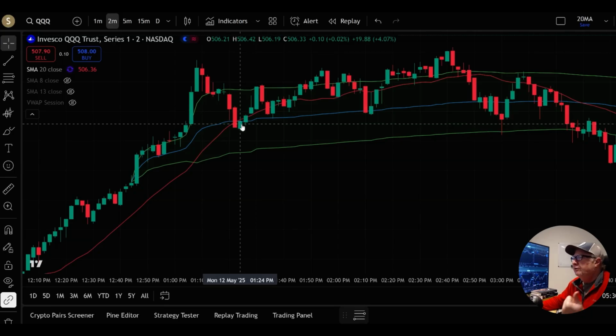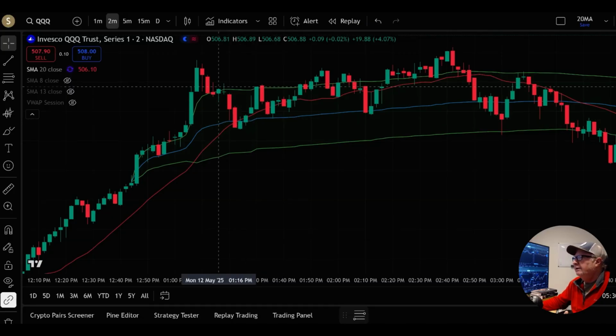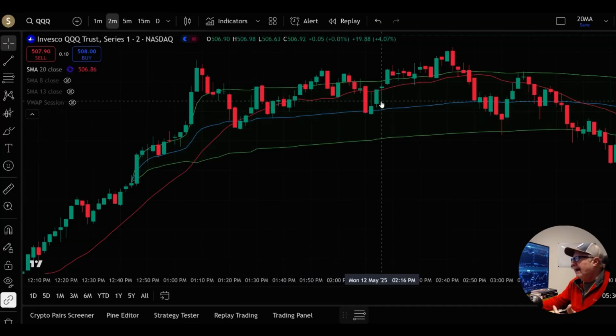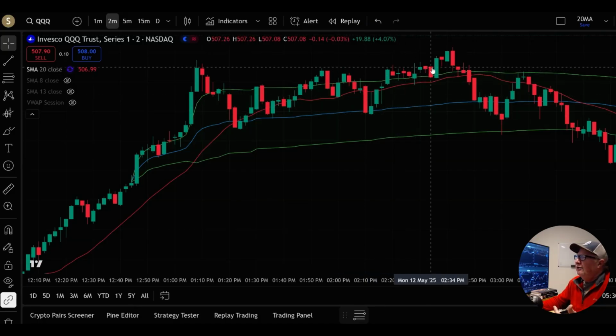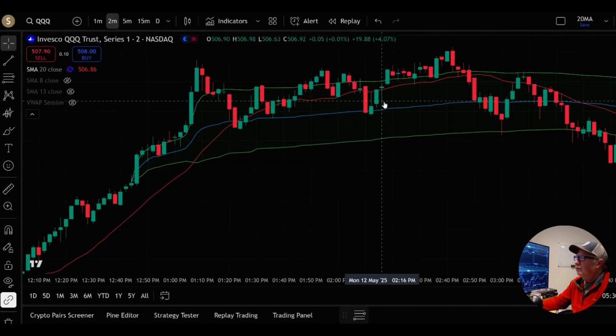Now you've got both anchored VWAP and the 20. So you're looking for a pullback and a place to get long. You've now got two indicators telling you that this is a good spot if the uptrend is going to continue. You have another pullback and another bounce off of VWAP. And then here, as you get that one standard deviation away, is where you want to look to put in a protective stop, right? If you're long from VWAP.